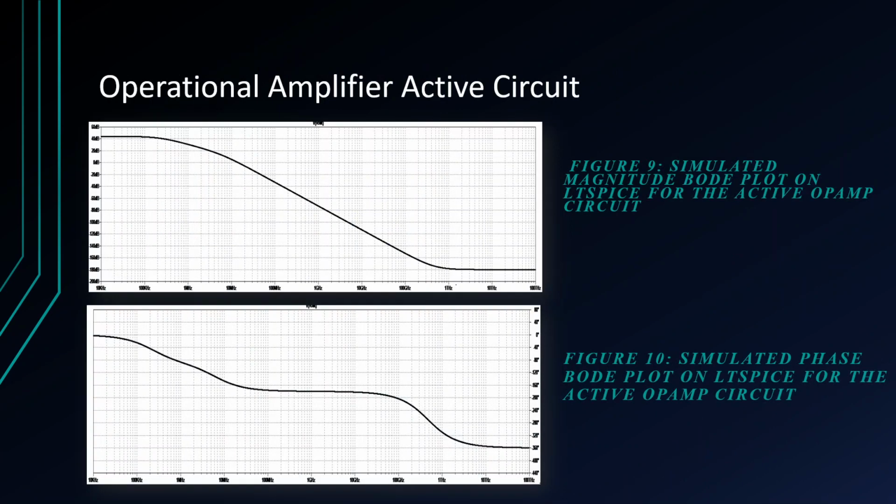These are the simulated graphs for the frequency response of the op-amp circuit. As we can see, the magnitude goes from 44 dB all the way down to negative 180 dB, and the phase goes from 0 degrees all the way down to negative 360 degrees.